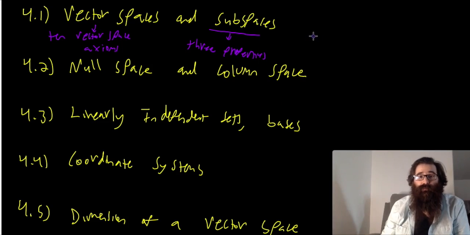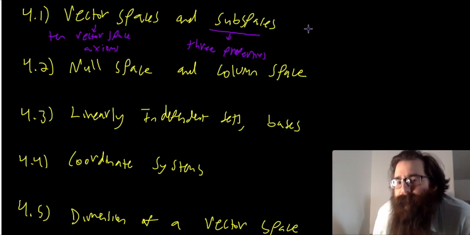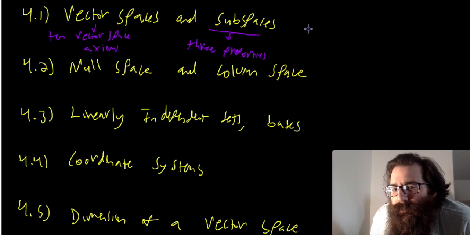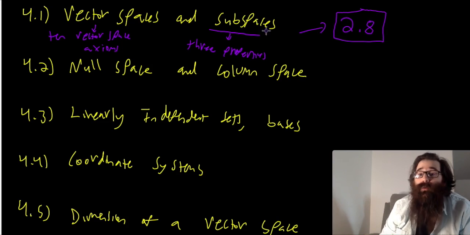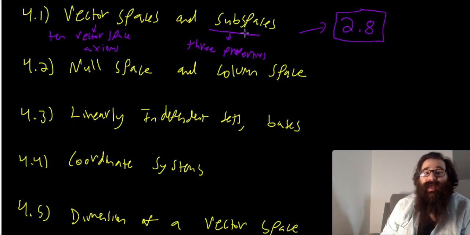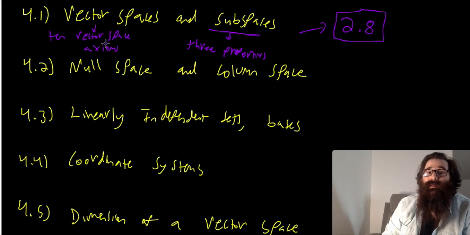That's really invaluable. I want to give a very, very special shout out to a previous section, that's 2.8. And in section 2.8, so this is your inside scoop here, we talked about subspaces already. And in 4.1, there are a lot of really good examples going through, checking subspaces, checking vector spaces.